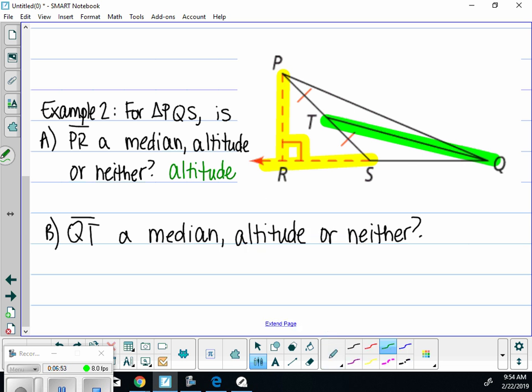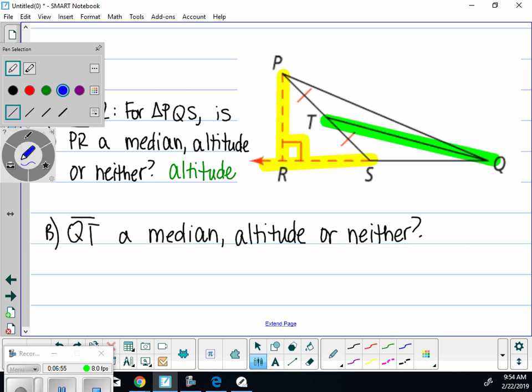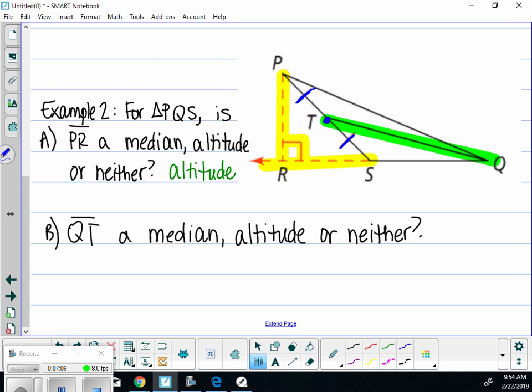And we are told in this diagram that those two segments are the same, which means T is a midpoint, which makes QT a median. So an altitude, you were looking for perpendicular. A median, you are looking for equal segments where it meets.